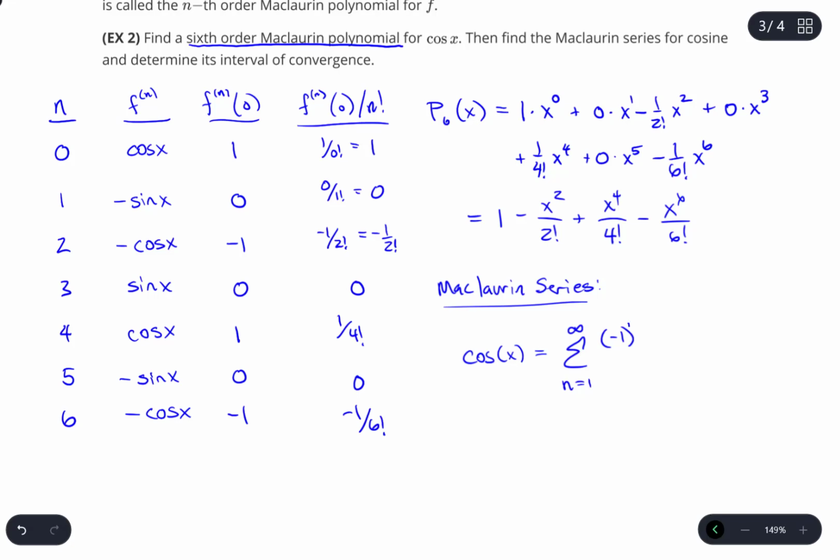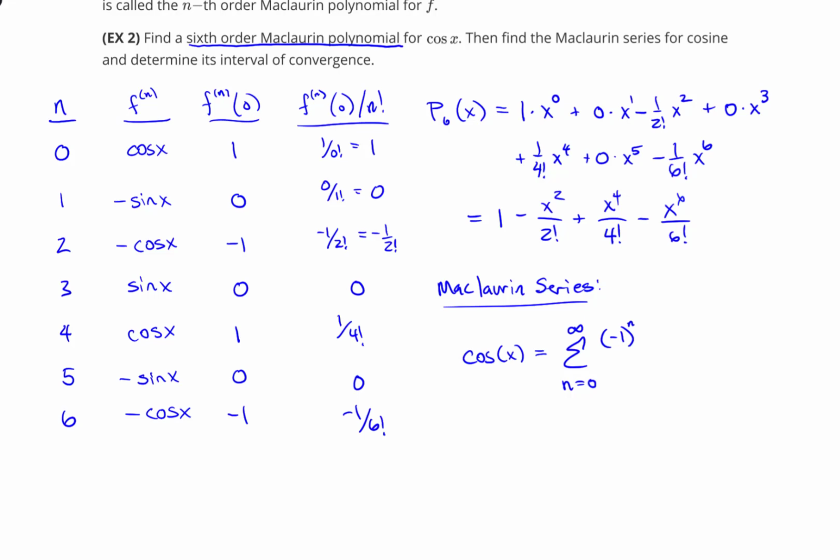So negative 1 to the, maybe I don't want that starting at 1 this time. Let's start it at 0, because the first term is just 1, so starting at 0 is probably a better idea. So negative 1 to the n starts with a positive and then goes to negative and so forth. So negative 1 to the n is great.